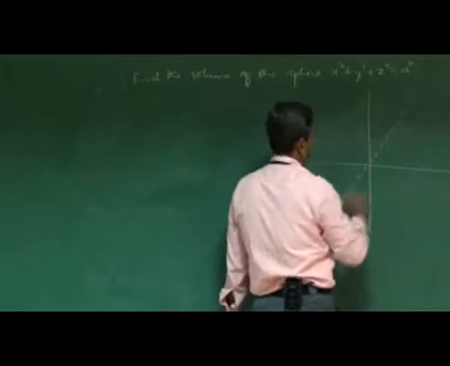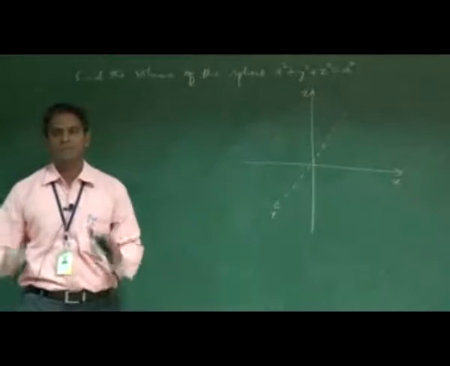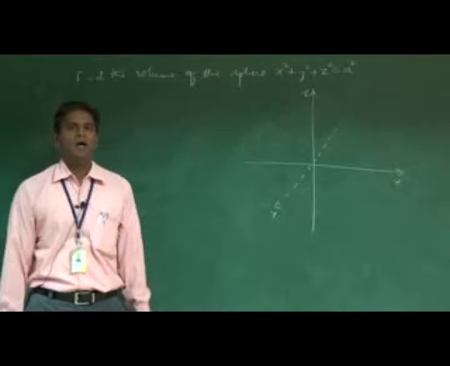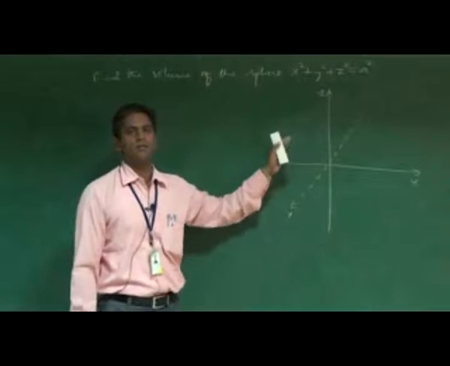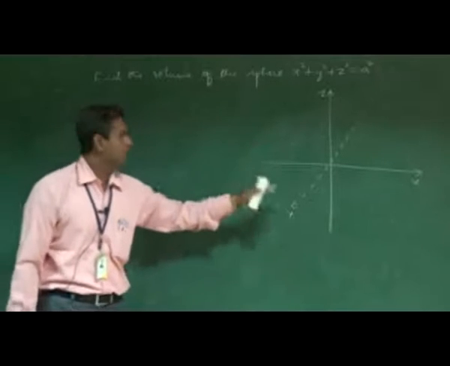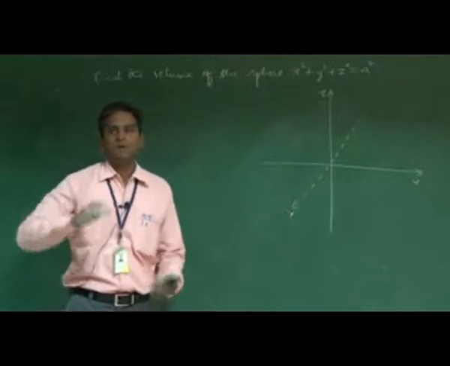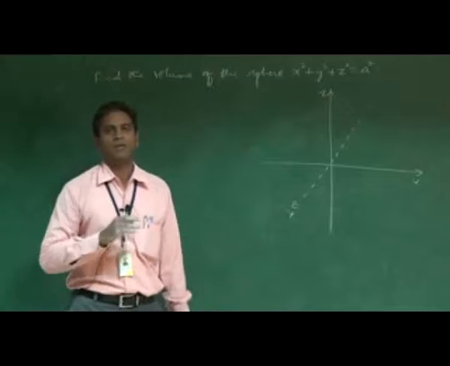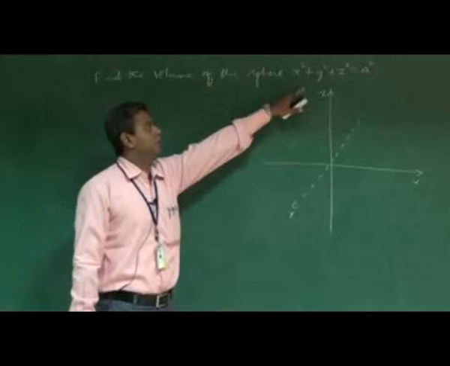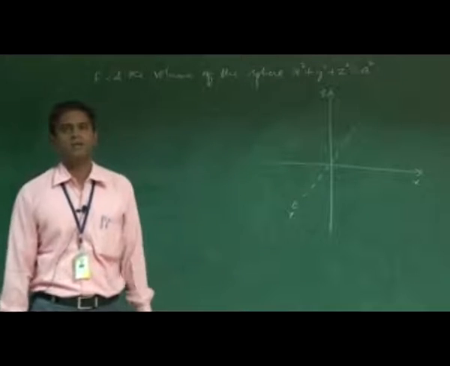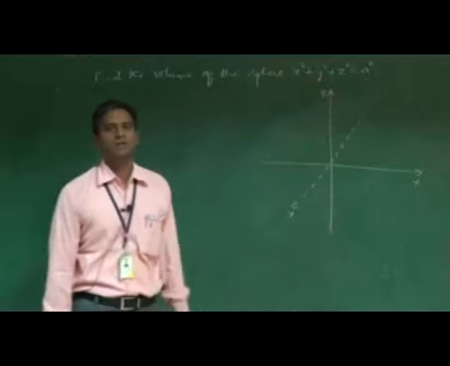If we take the whole sphere, the limits for the x, y and z axes would be minus to plus based on the origin, because the sphere x squared plus y squared plus z squared equal to a squared has its origin at 0, 0, 0.